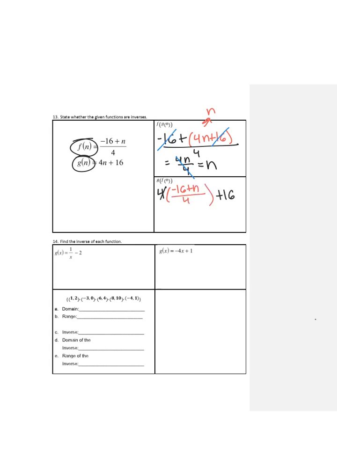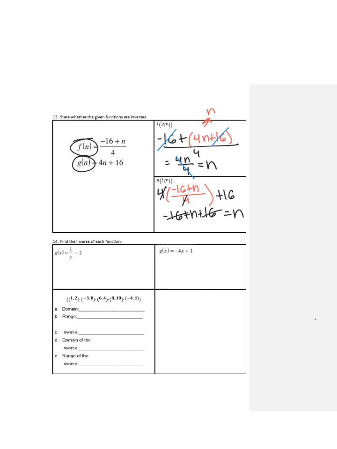And then simplify, so the 4's are going to go, the 16's are going to go, and you're going to be left with n. So since the compositions in both directions are equal to n, these two functions, f and g, are inverses of each other.